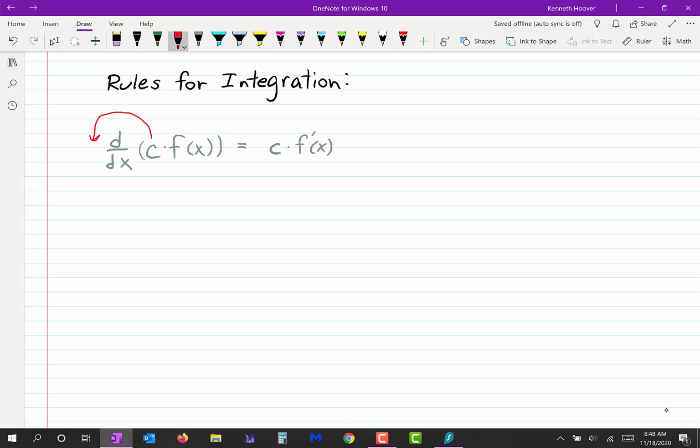The derivative of c times f equals c times the derivative of f. That's what allows me to factor a constant out of an integral.